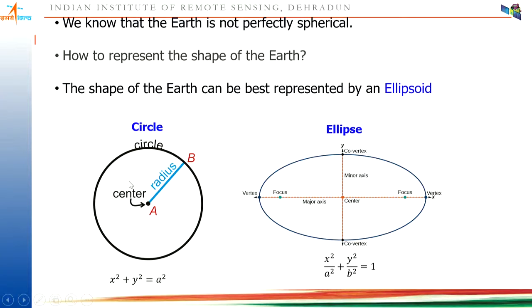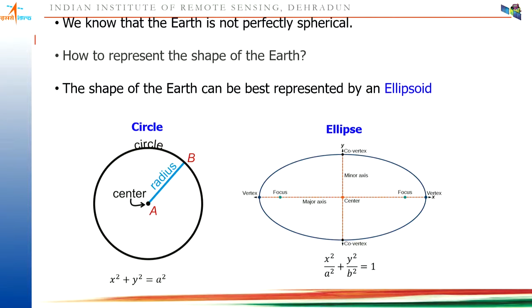Double the radius will be the diameter. The equation of the circle we represent by x square plus y square equals a square.